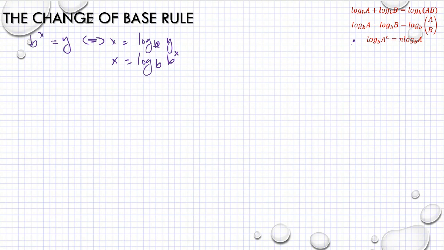Now if I apply some of the rules here, we have x logarithm of b with the base, let's say we change the base into a, is equal to logarithm of y with the base a.